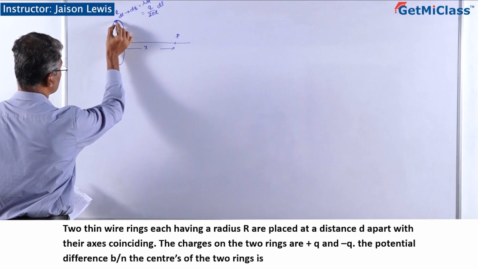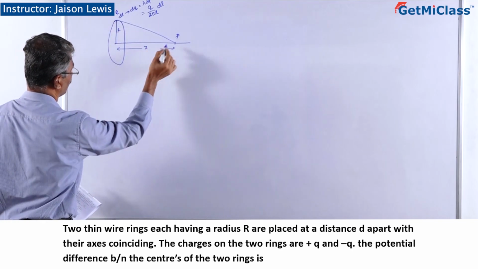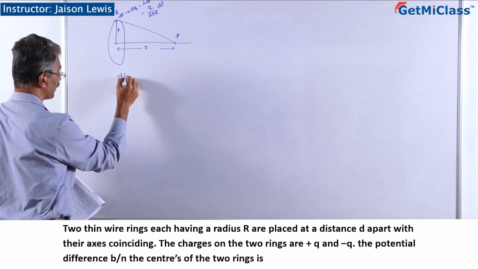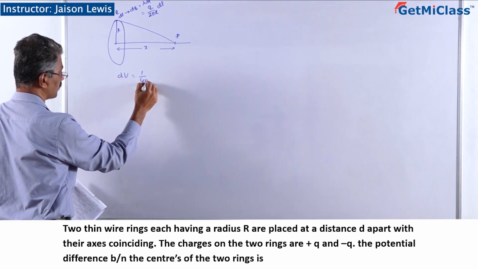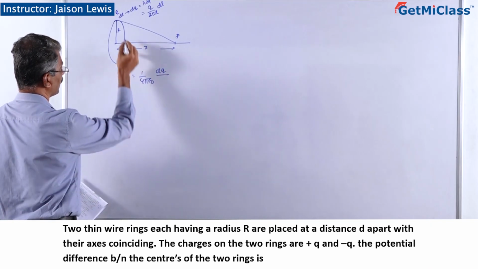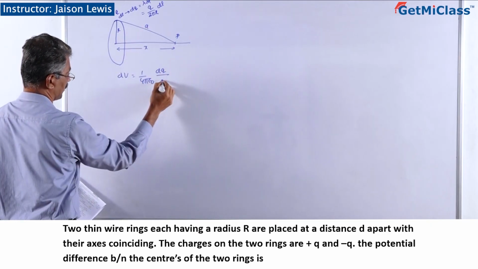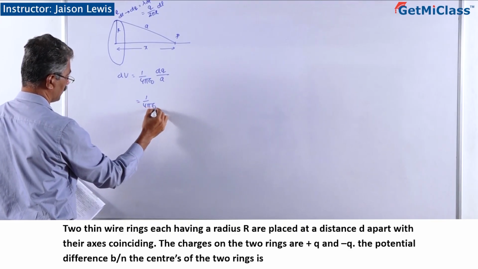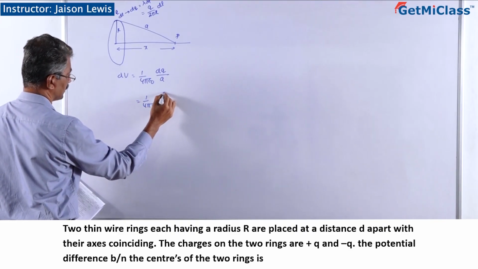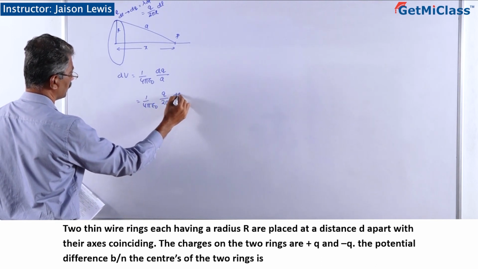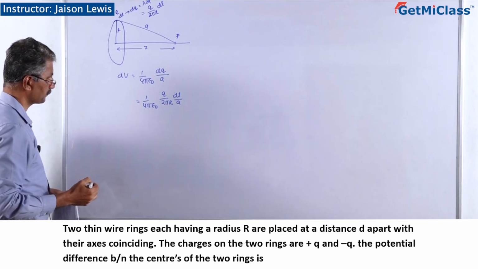Now this charge produces a potential at point P. So let the potential be dV, that is 1 by 4 pi epsilon naught, dq divided by the distance, say a. That is 1 by 4 pi epsilon naught, q divided by 2 pi r, into dl, divided by a.